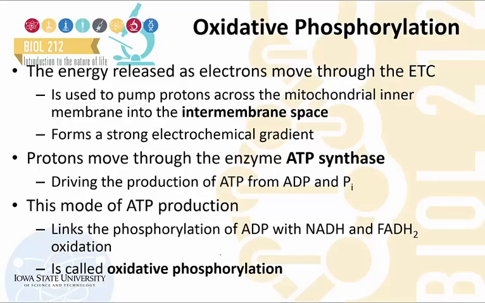These protons then pass through the enzyme complex called ATP synthase and drive the production of ATP from ADP and inorganic phosphate. This process links the phosphorylation of ADP with NADH and FADH2 oxidation, which is why this stage in cellular respiration is known as oxidative phosphorylation.